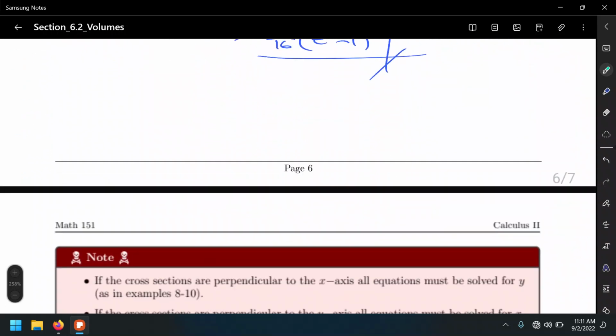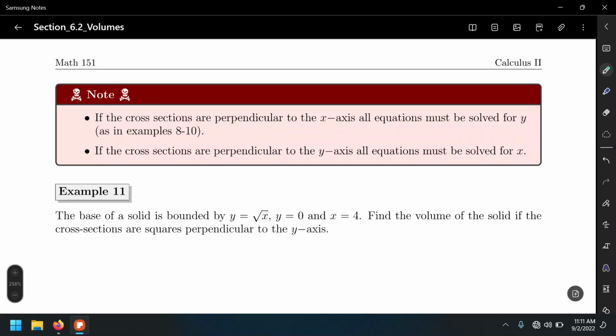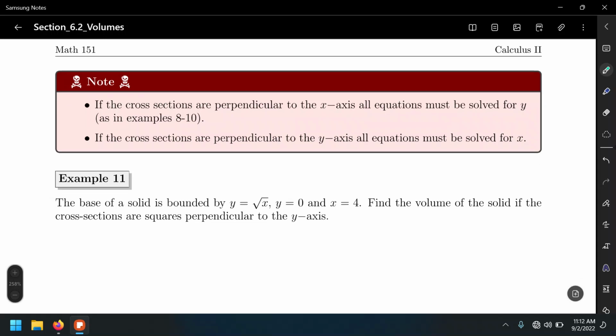Now, one note here on the last page of the handout. When we have cross sections that are perpendicular to the x-axis, all equations must be solved for y, which means functions of x, which is what we did for all these first three examples.